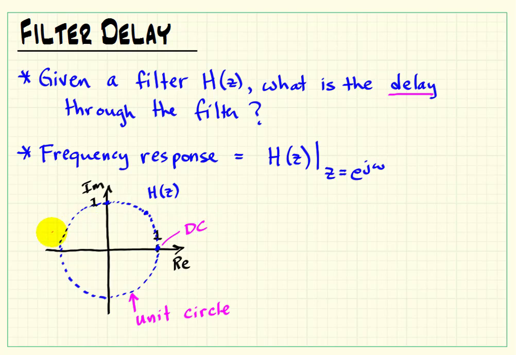So the key points on the unit circle are the DC frequency, that is 0, the sampling frequency, that corresponds to a value of pi, and the folding frequency is half of the sampling frequency.